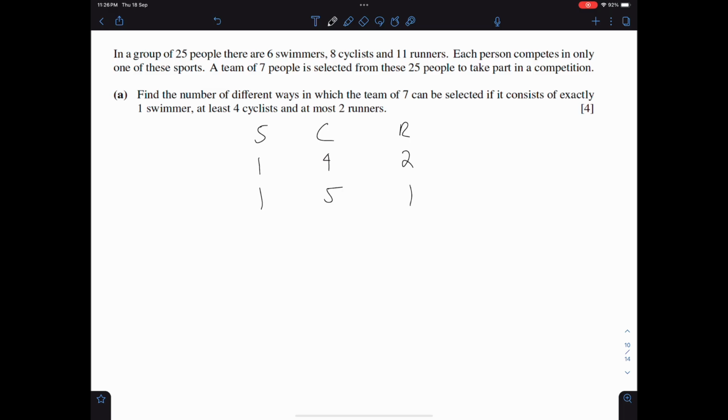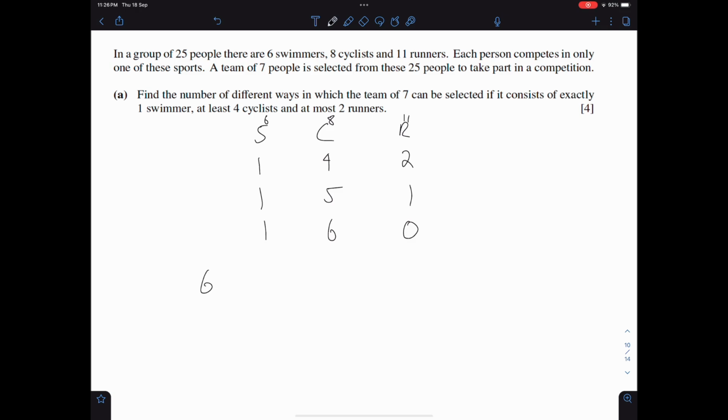5, 1. And I'll write up the numbers up here. And then, okay, do 1, 6, 0. All good. And because all 3 have a restriction and swimmers must be exactly 1, I think that's it.